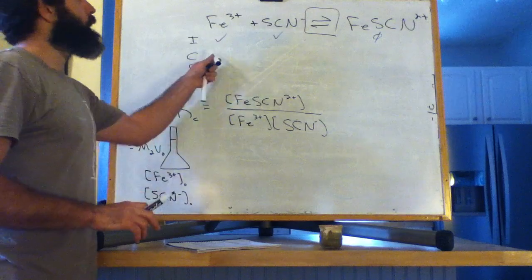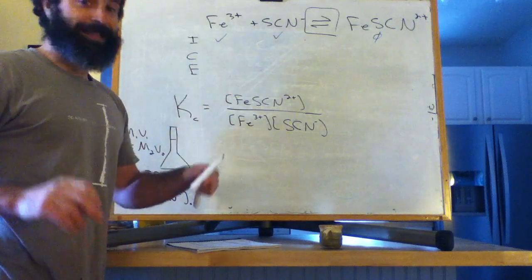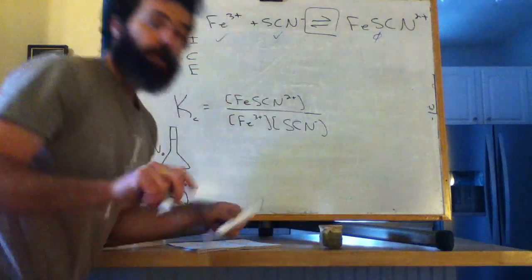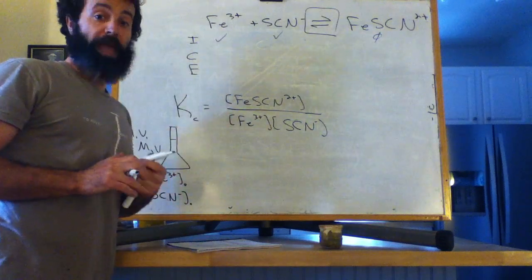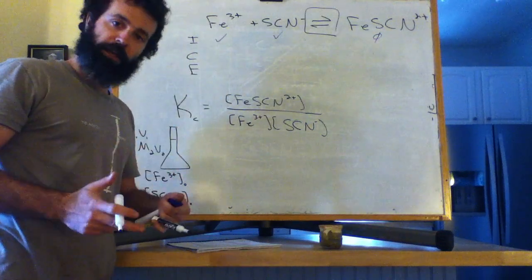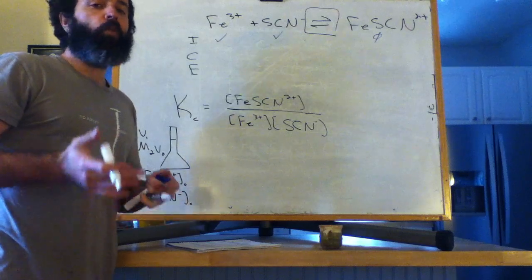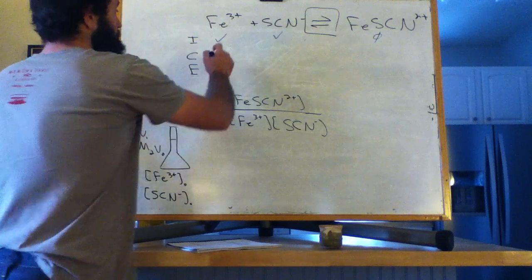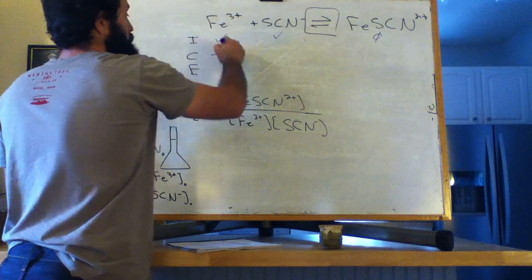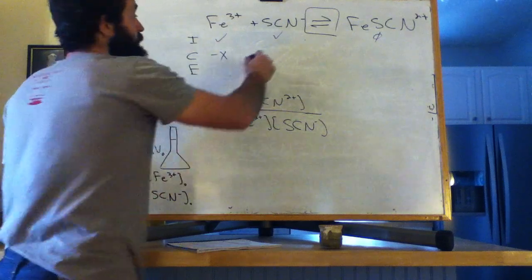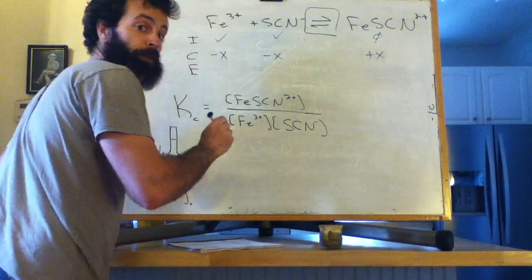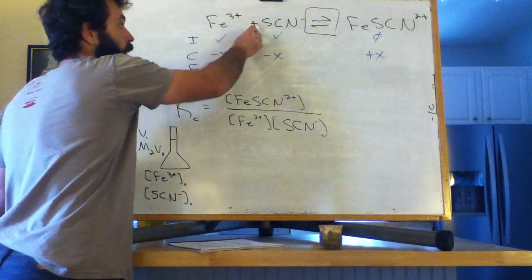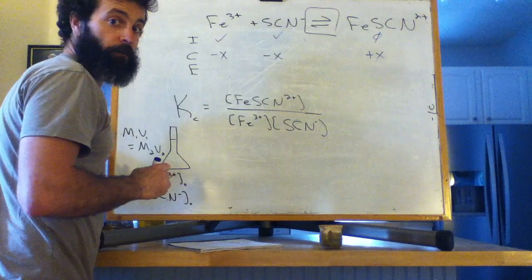Okay, we know the concentration of our reactants has to go down, and the product has to go up because we're starting only with reactants. Do we know how much they go down or up by? No, that's what we're trying to measure. But suffice it to say, if this goes down by X, this will go down by X, and this will go up by X, because they react in a 1 to 1 to 1 ratio.